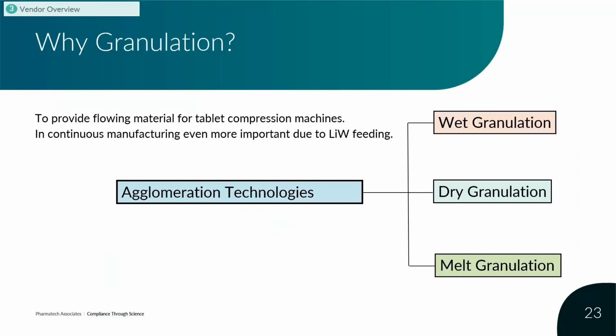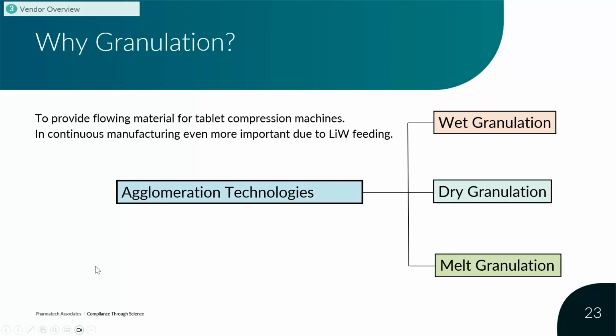Okay, material handling, dosing, blending. The next step might be granulation. I do not want to give a seminar about granulation here, just a high-level view. Granulation is important to provide the best possible flowing material to the compression machine, because as we know, all high-speed compression machines today need to be fed as well as possible with flowable material.